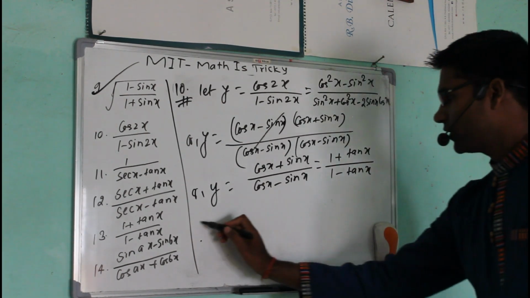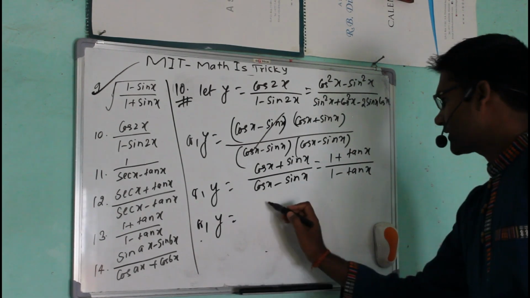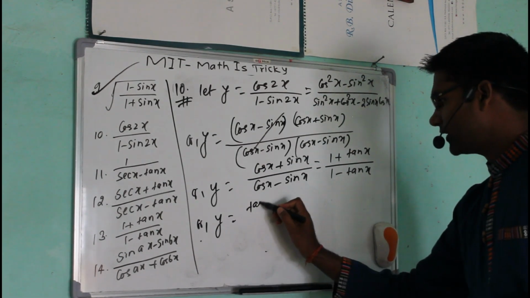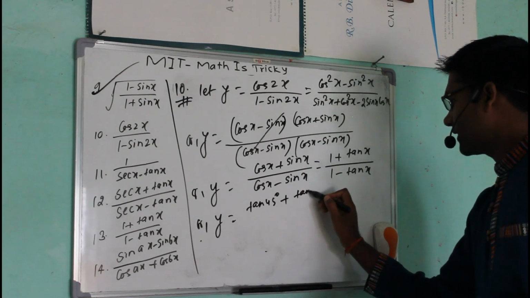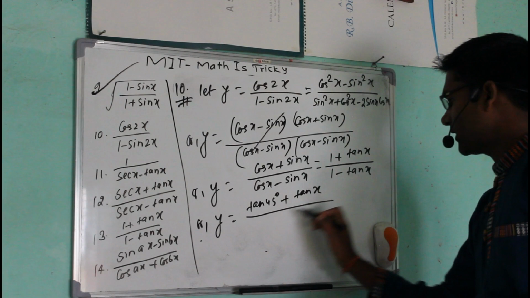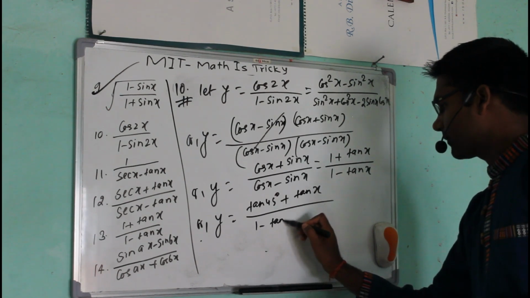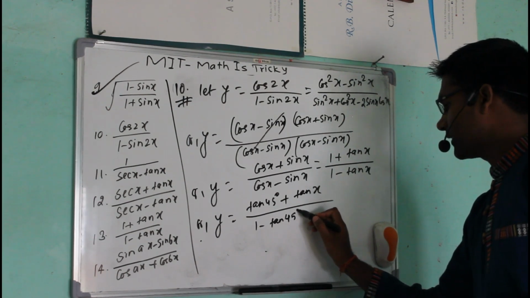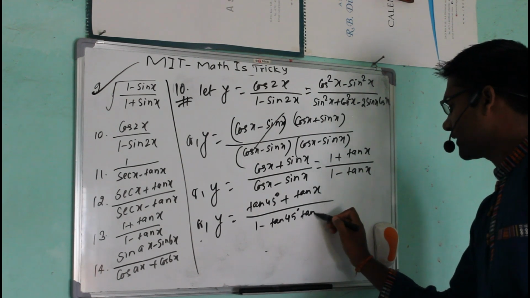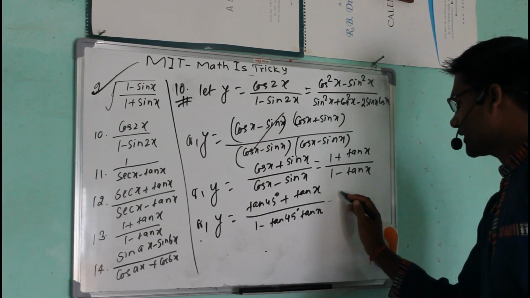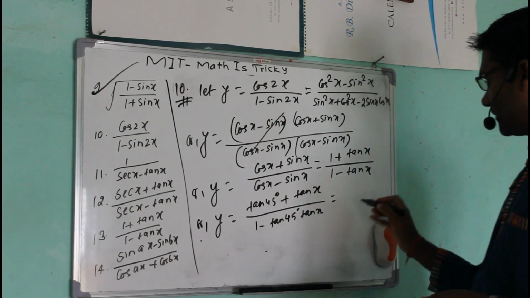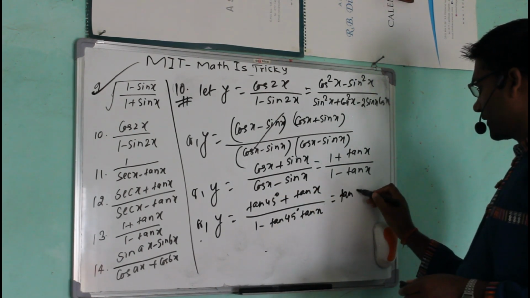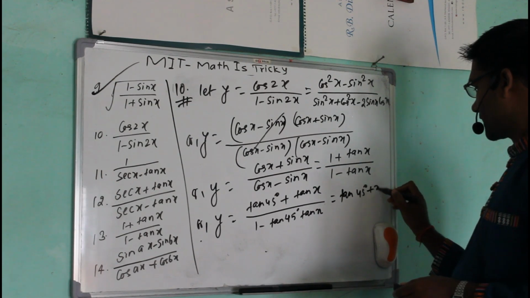As previous, we can change this: for 1, write tan 45 degree, so tan 45 degree plus tan x by 1 minus tan 45 degree into tan x. We can write the formula tan a plus tan b by 1 minus tan a tan b, giving tan of 45 degree plus x.